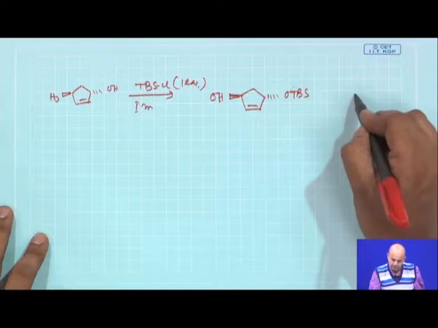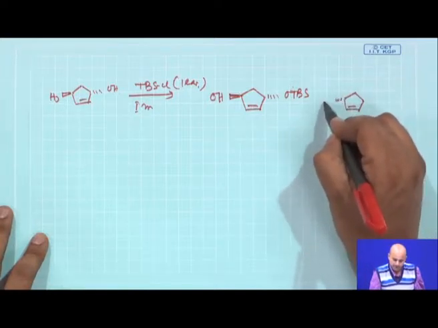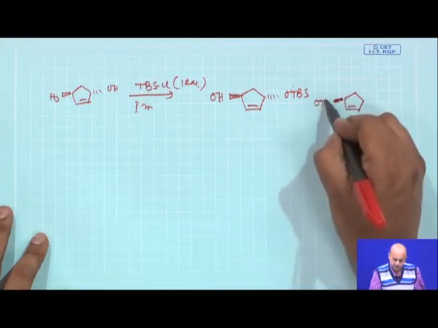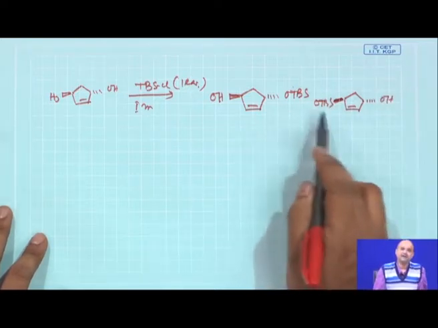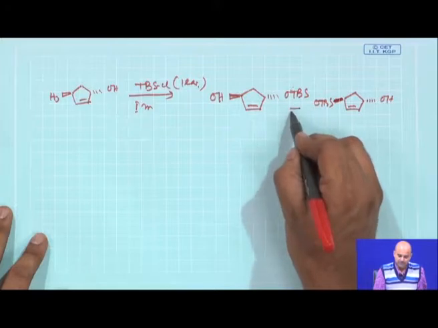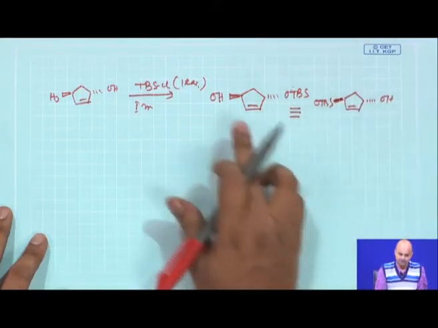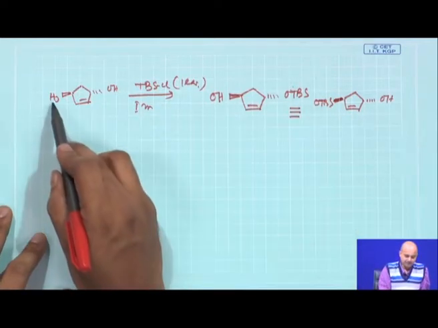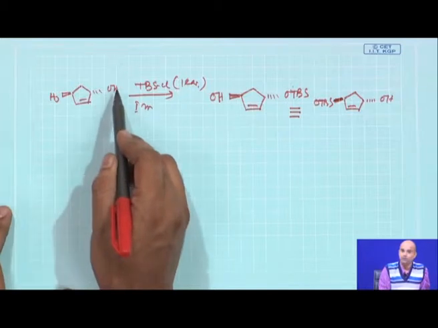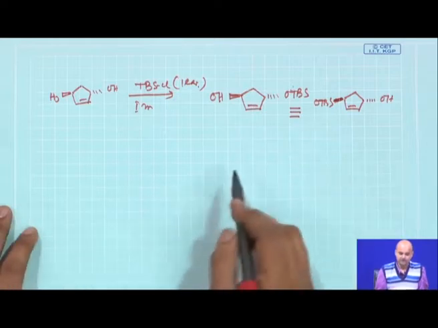In the other compound, the left hand OH will be protected. Now, in reality both these compounds are similar, is it not? You just rotate it, both these compounds are similar. That is the beauty of C2 symmetry, as both the parent OH are homotopic, no matter which OH is protected, both the compounds are similar.